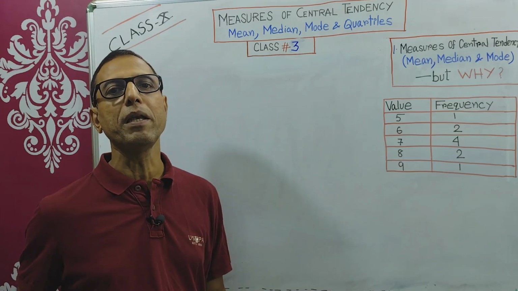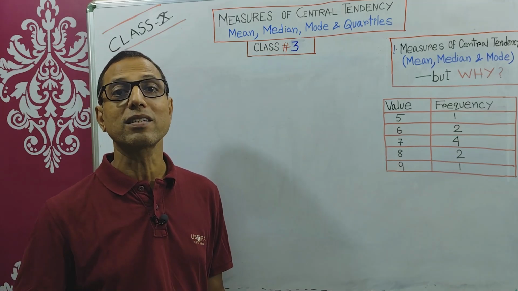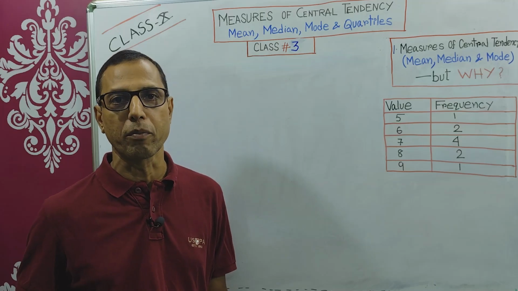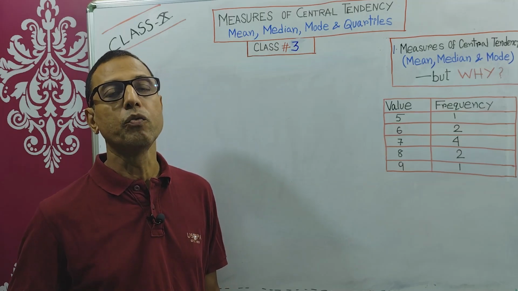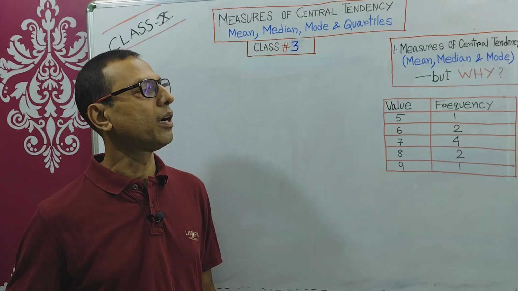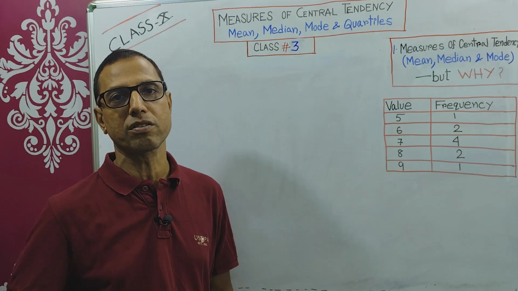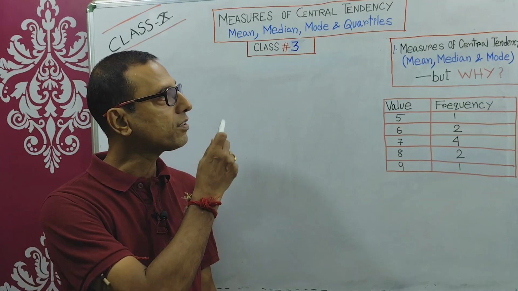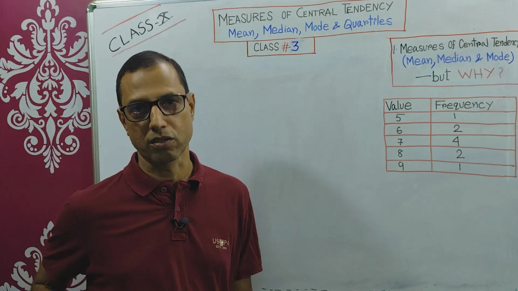There I will plot mean, median and mode, and then you will understand where mean is more important, where median is more important, for what kind of data, and which is the more efficient measure of central tendency. So it depends on the type of data distribution.